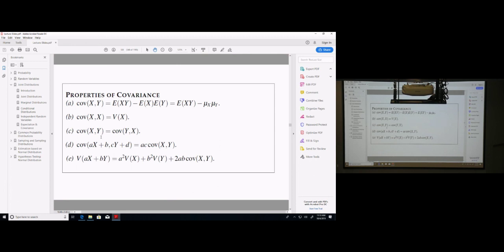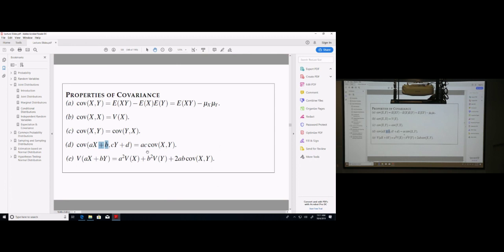Okay, now part D, I want to highlight this. Whenever you change your origin, basically when you add B, you change your 0 for X. And when you add D here, you change your origin of the Y. The A and C is just a scaling factor, all right?